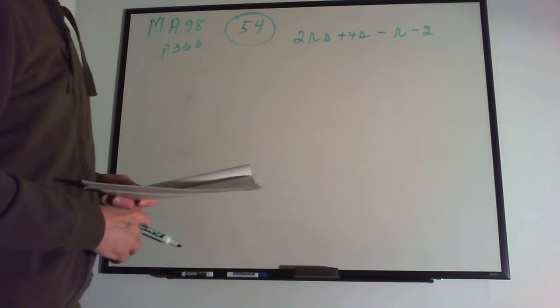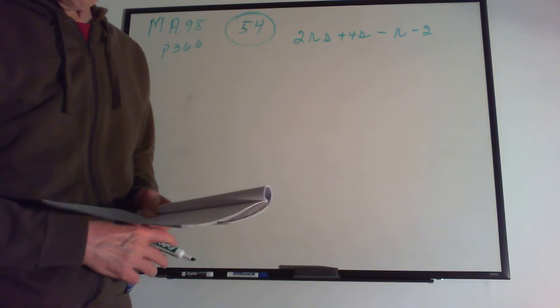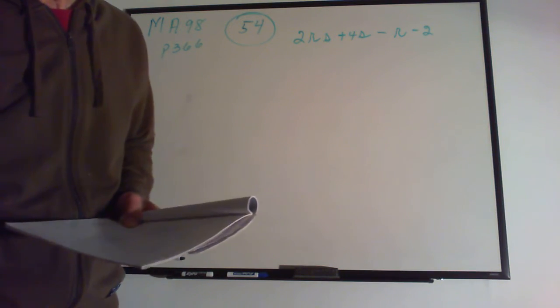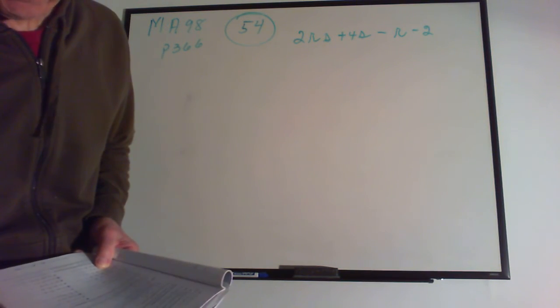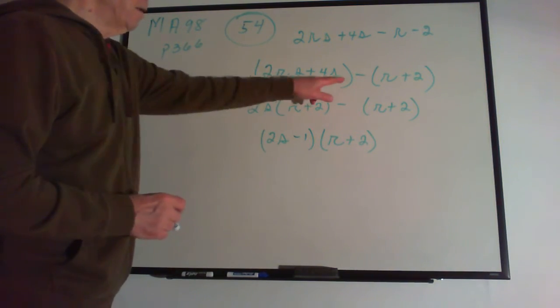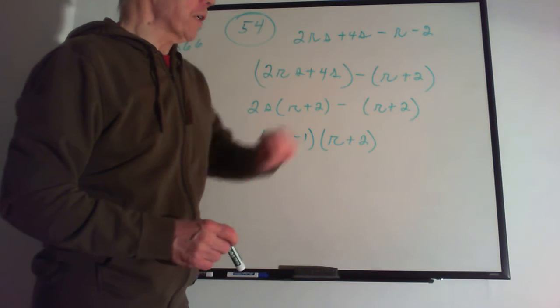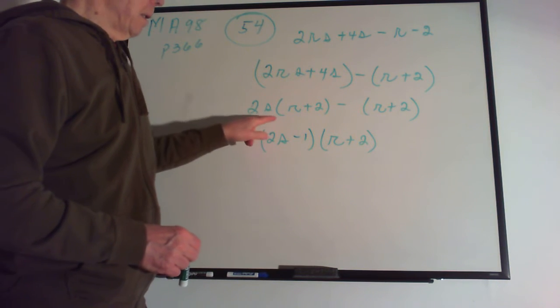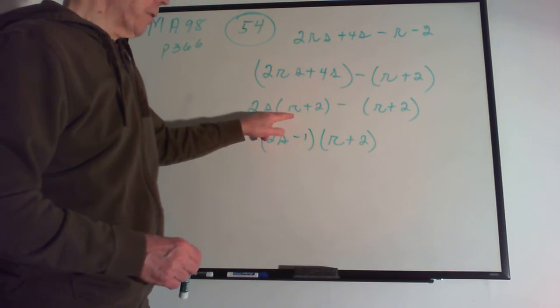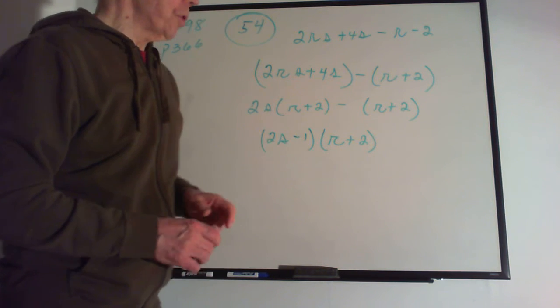Okay, try problem 54. Group it, factor it. So pause the video, I'll do the work on the board, and then you can check your answer. All right, so minus, it's going to be (r plus 2), because I have to change that sign. So now I have 2s(r plus 2) minus (r plus 2).